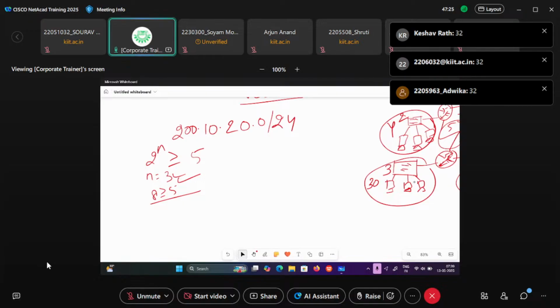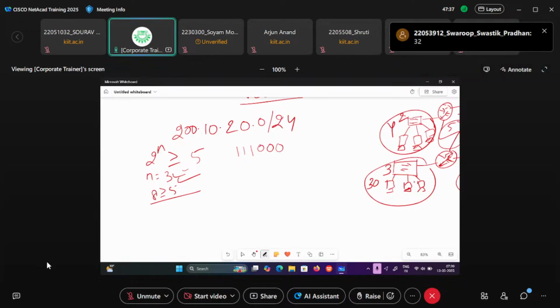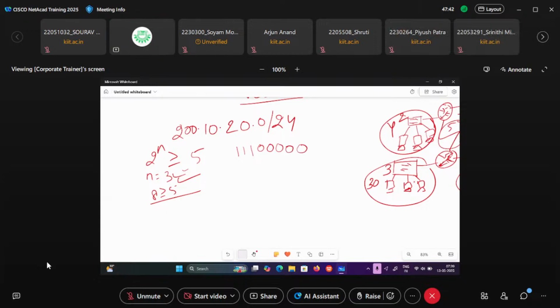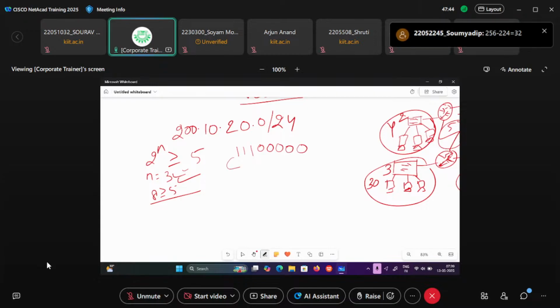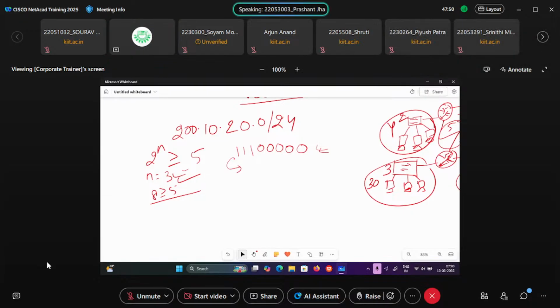So how do you get that? In the fourth octet, you make 3 ones because the n value is 3. The rest of the bits you make 0. Now tell me the decimal equivalent of this value. 192?